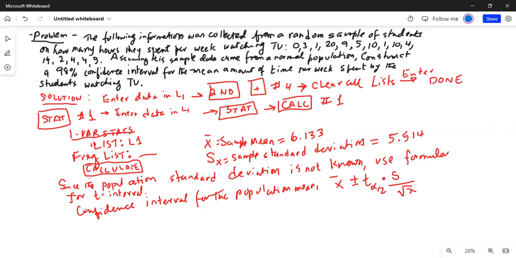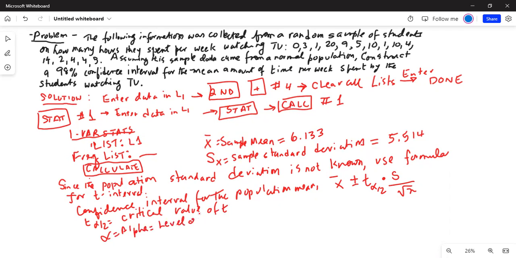Now, in this formula, T alpha by 2 is the critical value of T. And alpha is the level of significance.